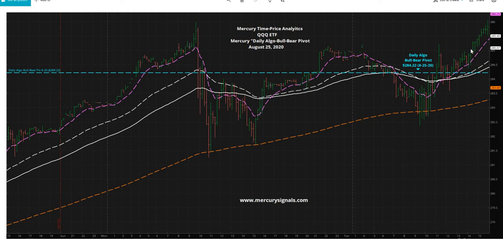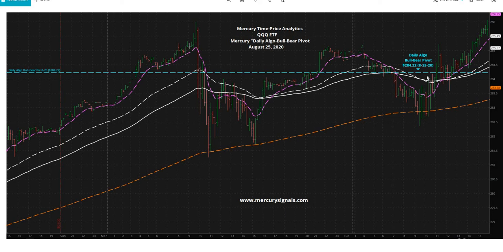I put out a bunch of these for QQQ, SPY, S&P 500, NASDAQ, Bitcoin. I'll show you the Bitcoin chart. As a matter of fact, you can go on Twitter. I don't have it loaded up, but go on Twitter. To the tick, that's where it failed. Now, how is this price the completely binary bull bear pivot every day when it's calculated 90 minutes before the market opens? I want you to think about that.